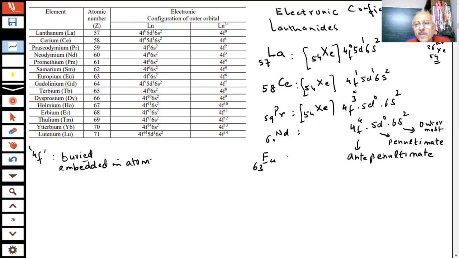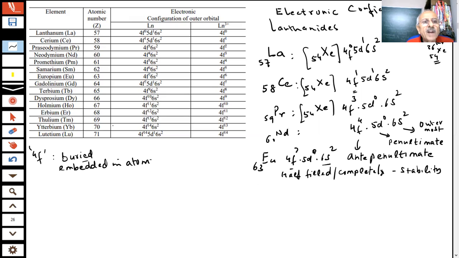This is 4f7, 5d0, 6s2, student. This is half filled. See the half filled and completely filled configuration, so that this provides more stability, which we already know.